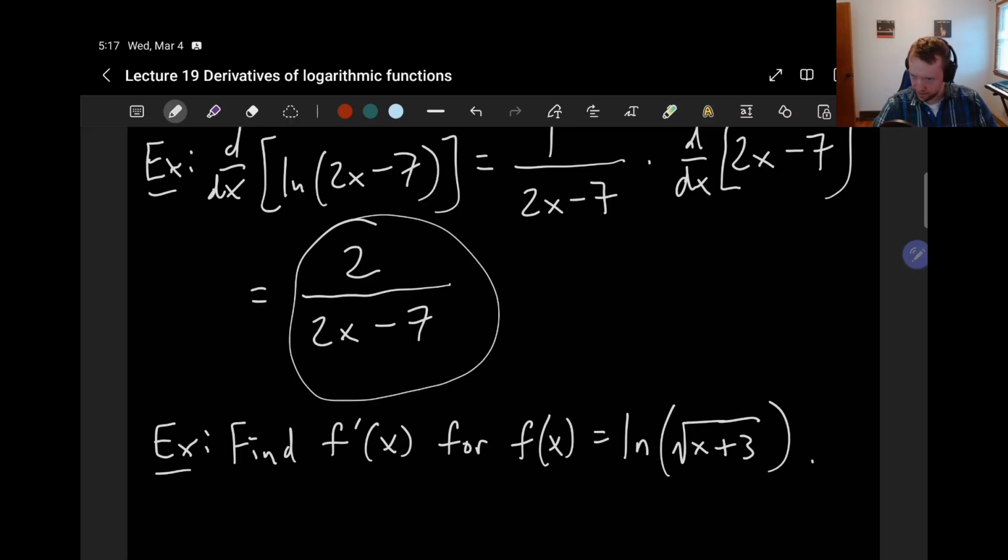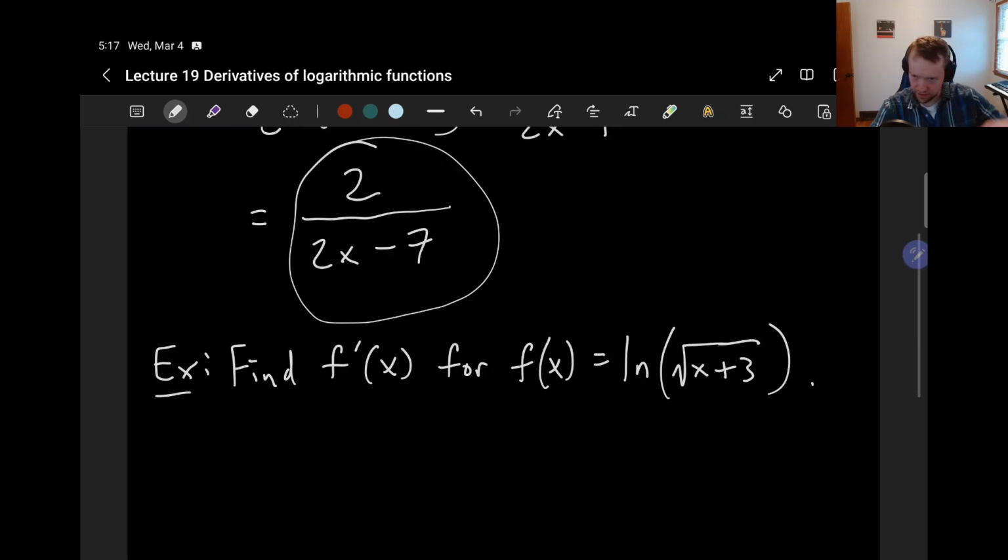Now, technically, this is the composition of 3 functions going on here. I have the square root plugged into the natural log, but even the square root itself has another function inside, x plus 3. But we don't have to worry too much about it, just take it one step at a time. You can just keep doing chain rule again and again.